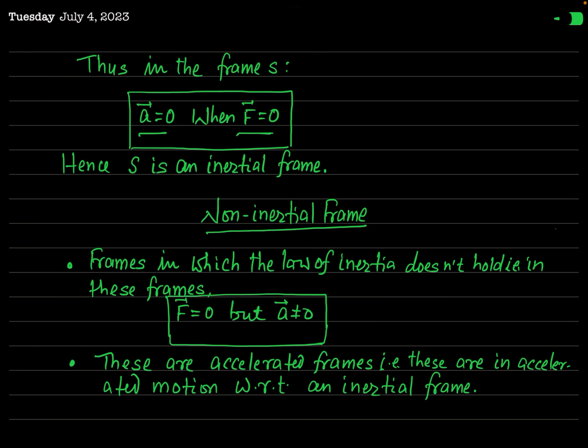So you can say that in frame S, Newton's first law of motion is valid, and if it is valid in this frame, according to the criteria, you can say that S is an inertial frame. I think we have clearly understood what an inertial frame is and how we can explain that a given frame is an inertial frame.